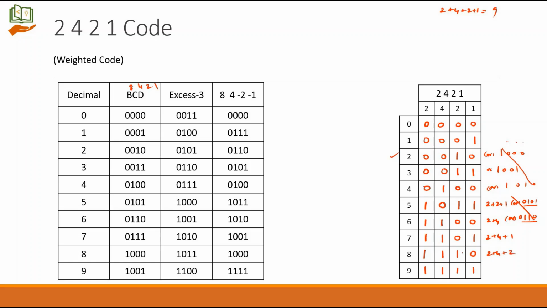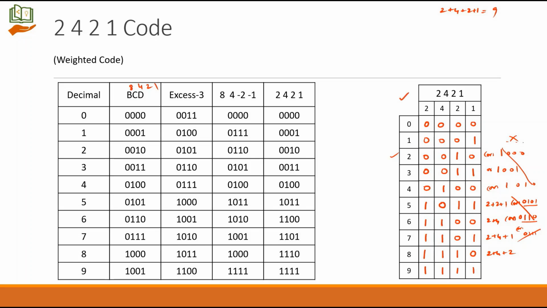For 8 and all you don't have any other representation, because only when you add the first 3 digits 2 plus 4 plus 2 you will get 8. For 7 at least you can have this binary coded decimal, but we are not getting into this way. So we are not moving into this part. We are concerned only with this table. So let's see the 2421 code.